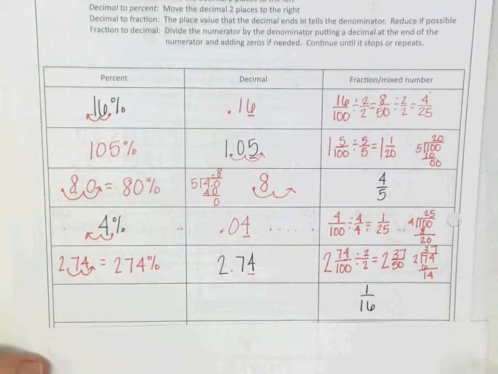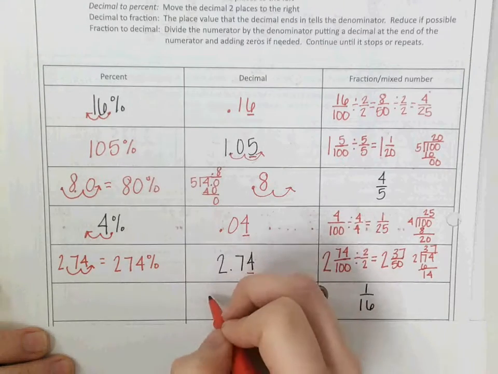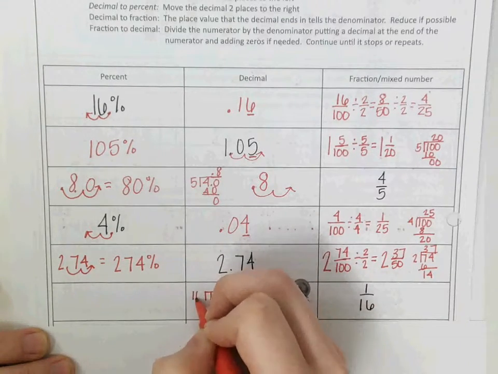I want to do this one with you guys because our decimal is going to get a little bit complicated here. In order to change a fraction to a decimal, remember, we need to do long division. So we have to do 1 divided by 16.